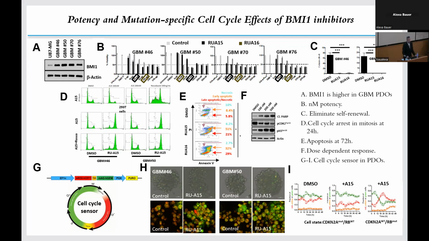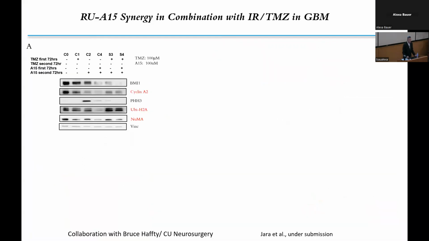These are dependent on the presence or absence of CDKN2A mutations in these organoids. So we think that this will be a good readout for distinguishing between CDKN2A loss or activity in patient-derived models.